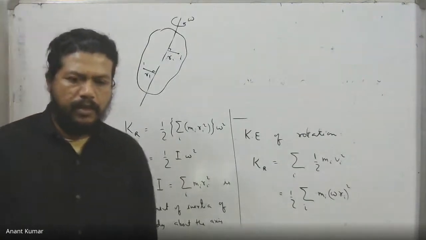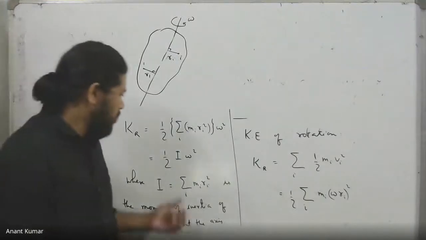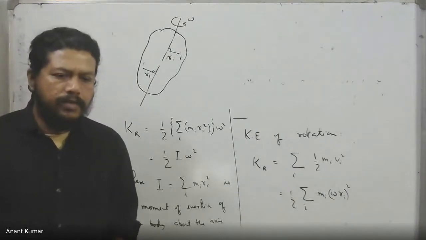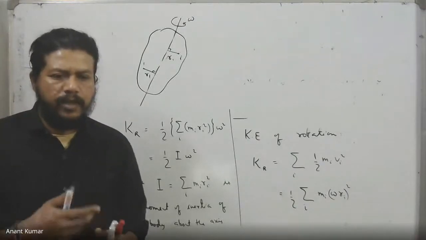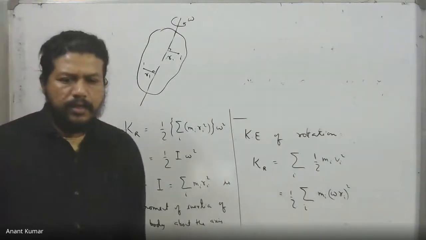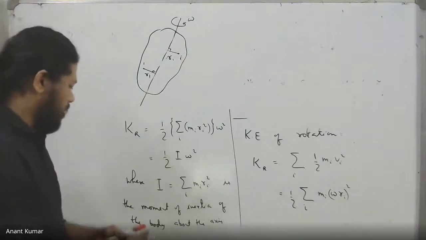Anyway, what I also say is this is a summation I've written down, but if the body is taken to be a continuum, or we can just treat the body as a continuous object, then this summation will be replaced by an integral.